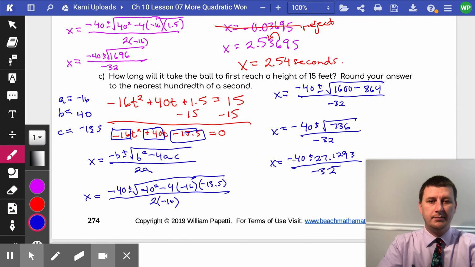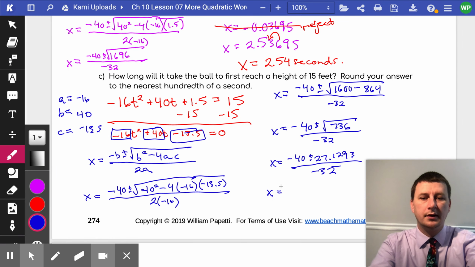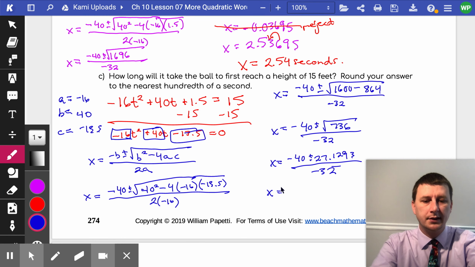Okay, so let's just take a look at this. We have two answers. Let's do negative 40 plus 27.1293. And then we're going to take that answer and divide it by negative 32.